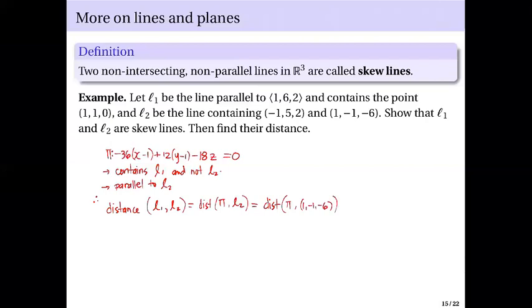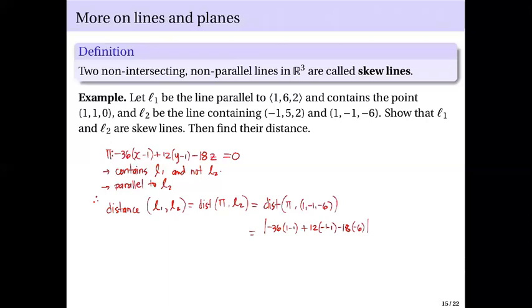And the formula, this is just the absolute value of negative 36 times 1 minus 1, plus 12 times negative 1 minus 1, minus 18 times negative 6.